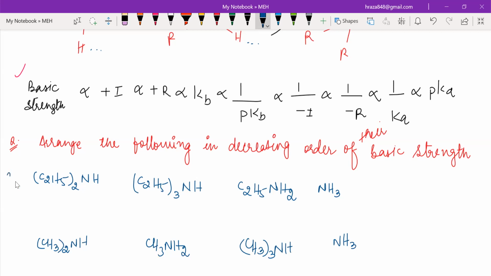You are going to arrange A and B. Let me know if you're unable to do it. I think you have got it.